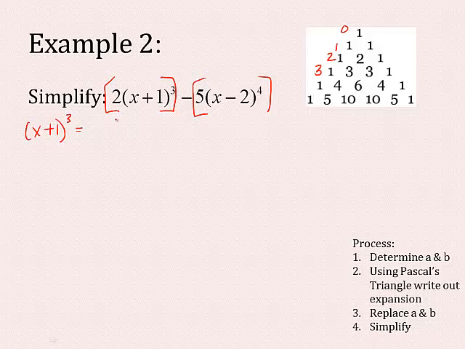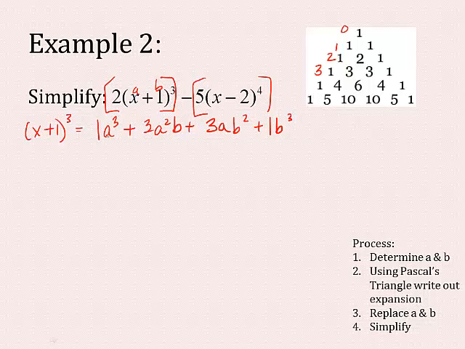Alright, so if I count this down, 1, a to the third power, b to the 0 power, plus 3a squared, b to the first, plus 3a to the first, b squared, plus 1b cubed. All right, here's a, here's b, right?